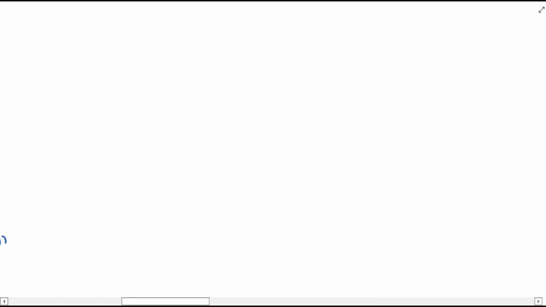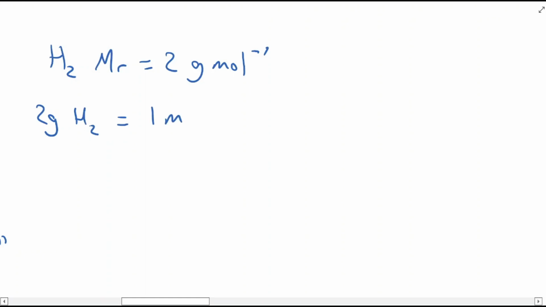It's important to realize that moles are units of things. So some moles contain more stuff than other moles, and moles are never conserved in a reaction. I'll say this a few times. For example, if I was to have H2 as a molecule, the relative molecular mass of H2 is 2 grams per mole. Therefore, if I have 2 grams of H2, I have 1 mole.